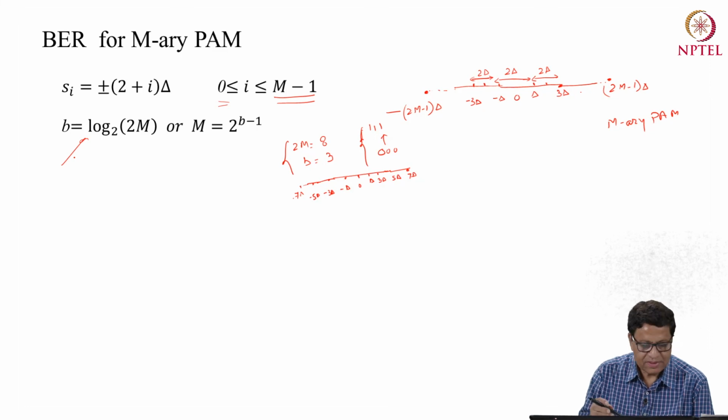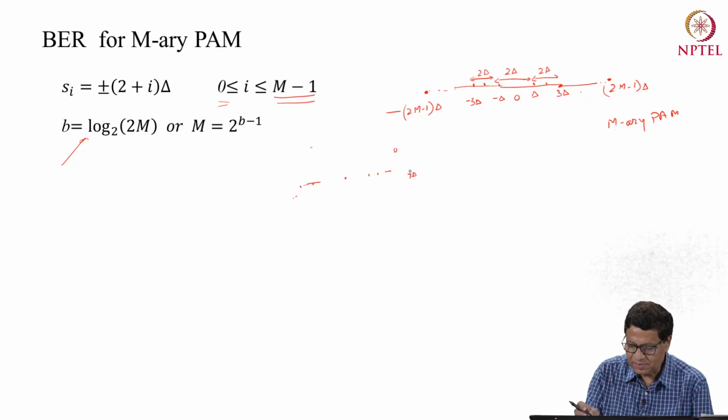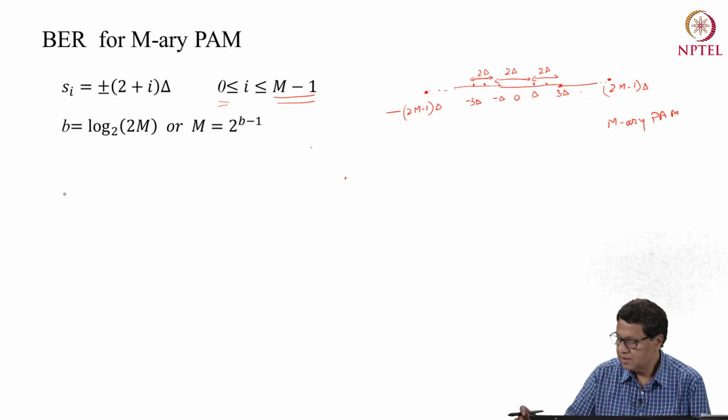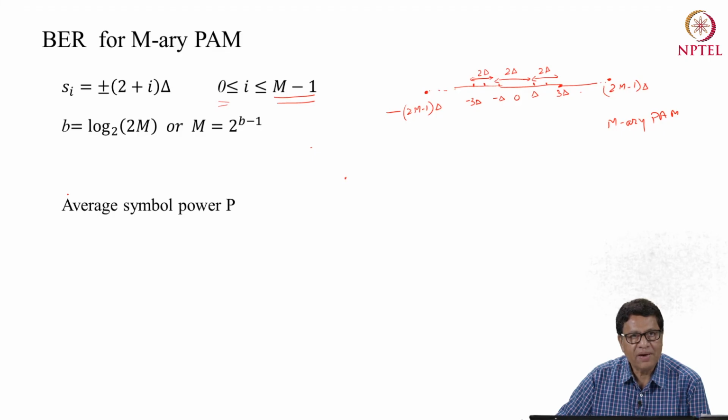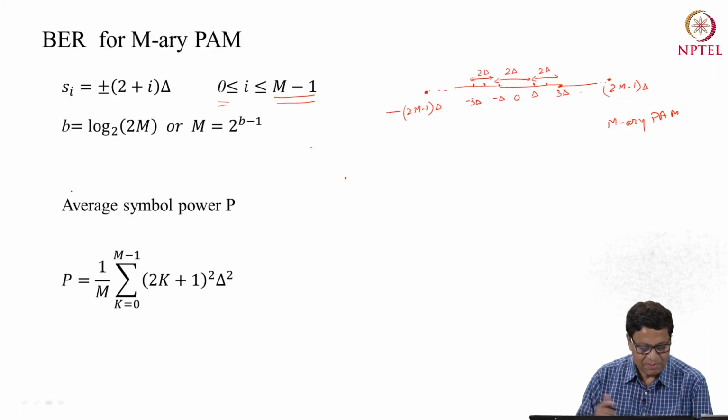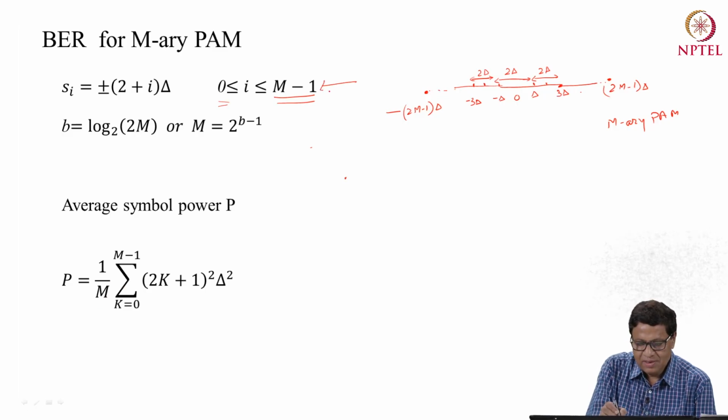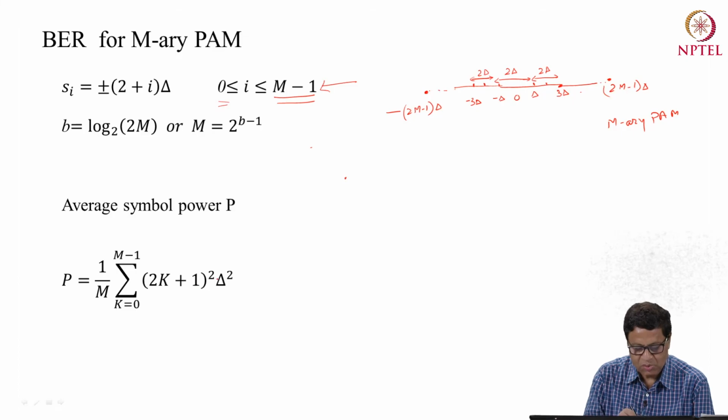So now let us try to calculate the BER for such a system. If I want to calculate the average symbol power, because each will have different power levels, the average symbol power will be given by 1 by M, where M is the total number of levels, summation k equal to 0 to M minus 1 of (2k plus 1) whole squared delta squared.